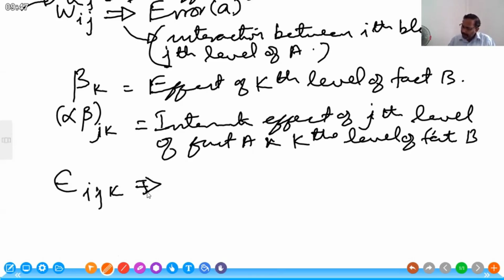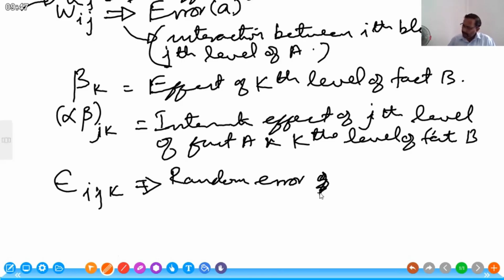It is the random error. If you want, you can say it is the error term or random effect.